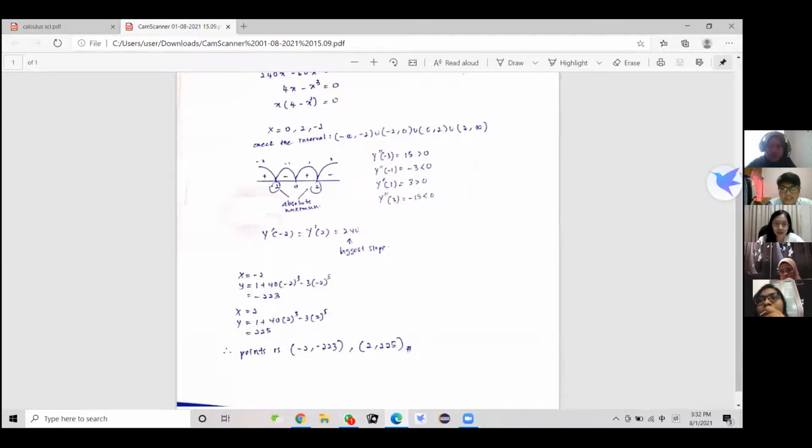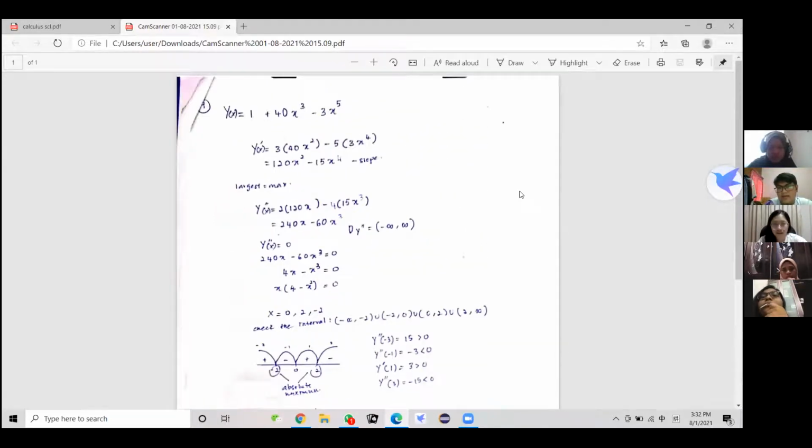So the question wants the point, right? We take the critical points -2 and 2 and substitute them in the original equation that was given, because we want to find the y value.